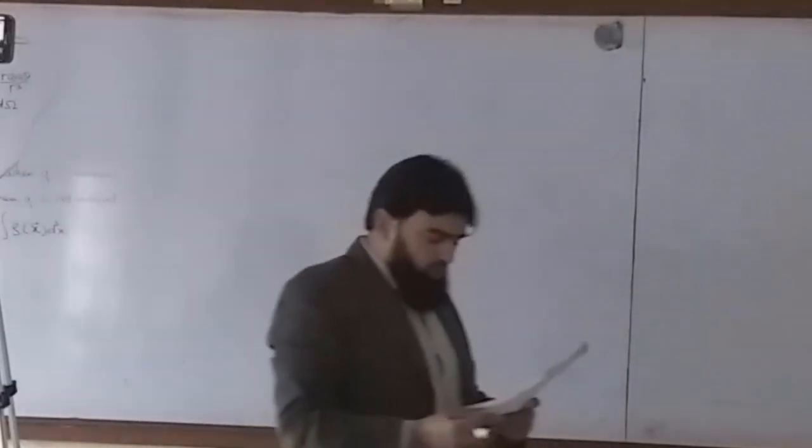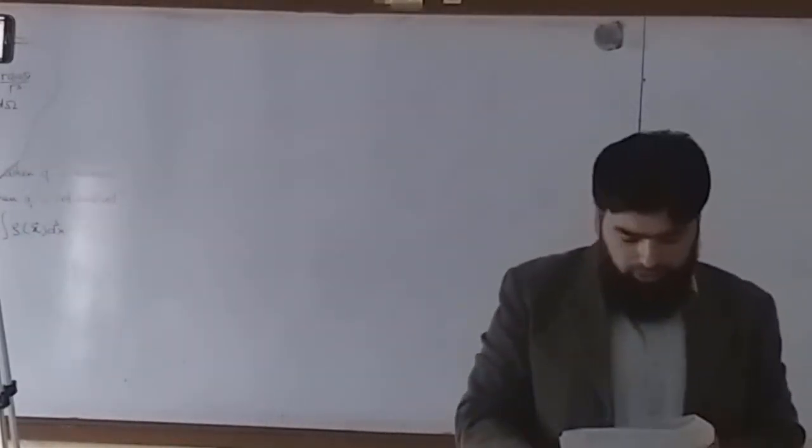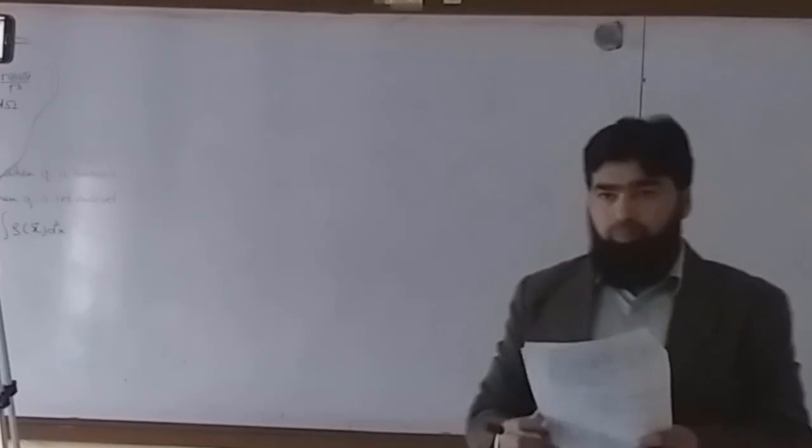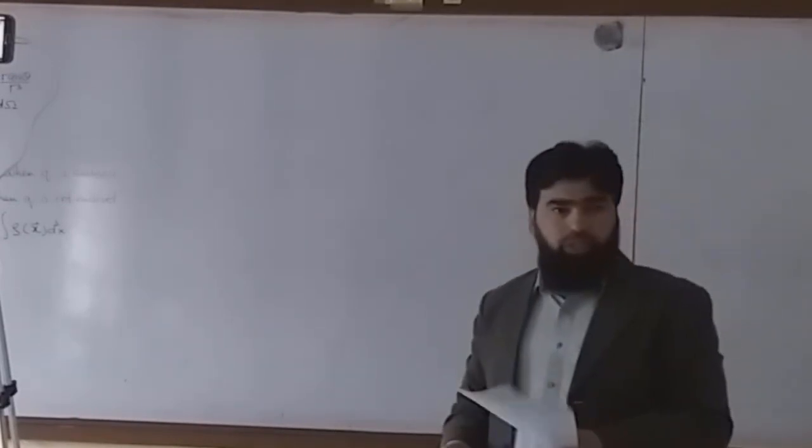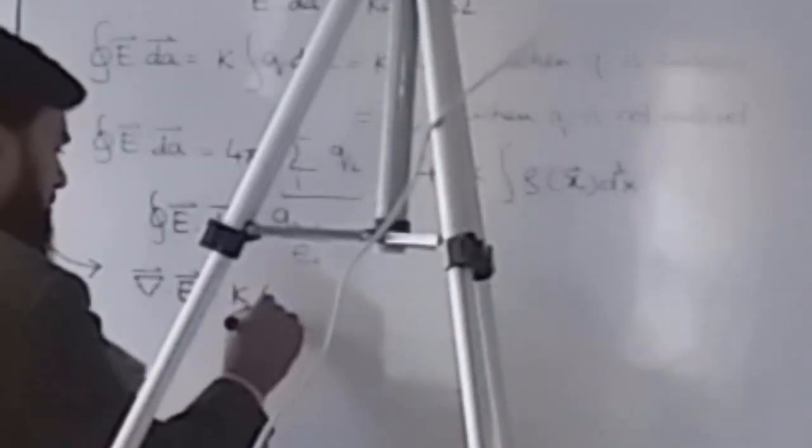Now you can very easily convert this into differential form by applying the divergence theorem, which we have already done in the review. So in differential form, this can be written as divergence of E is equal to 4 pi K rho. So it will be rho over epsilon naught.